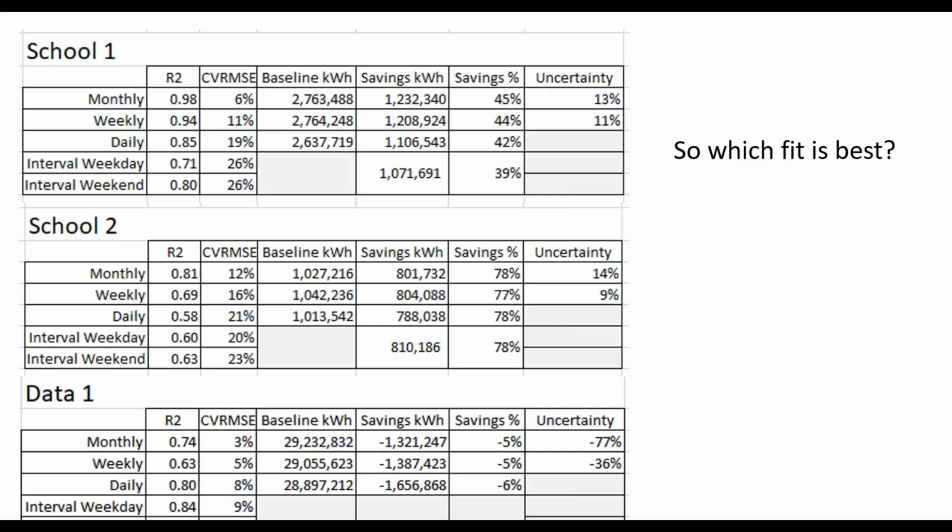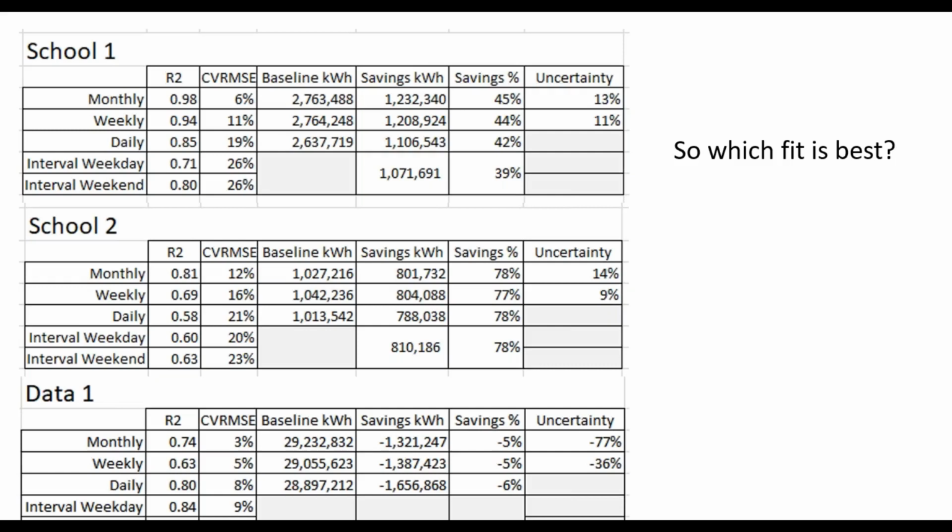That totally makes sense. I think it's interesting to point out here too that the actual values of the savings are reasonably consistent between the different intervals. For school one, the savings kept getting lower with the smaller methods, but I think that was just random.